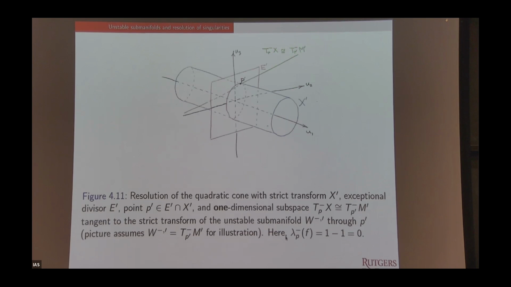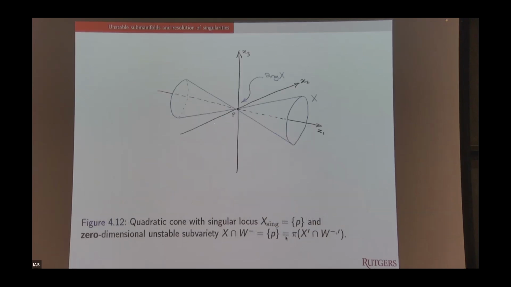This is one-dimensional, and I'm drawing it here. It's transverse to the exceptional divisor. It's going right through it and just intersecting at this point P prime. But in this example, the virtual Morse-Bott index is 0. And when you project down, of course, that unstable submanifold just gets swallowed. The only residue of it, if you will, is this singular point here. So you don't know if you're at a local minimum or not.